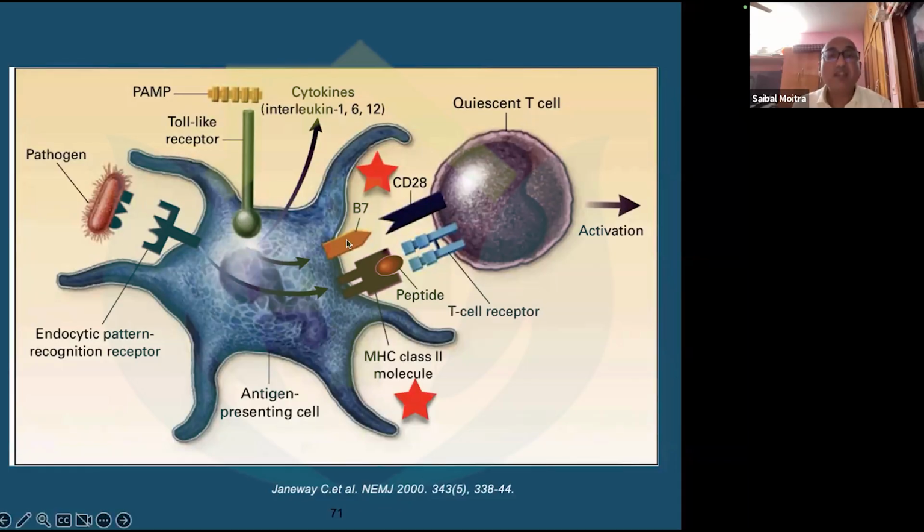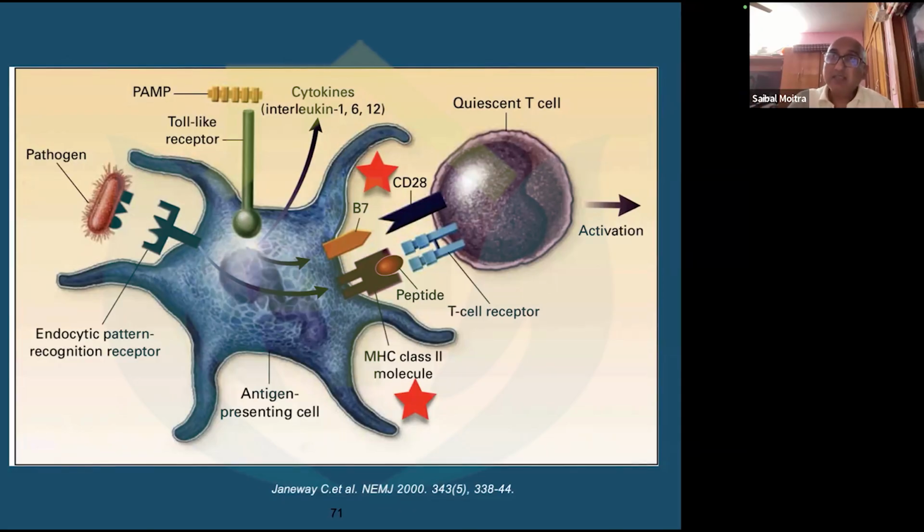Along with that, it does another thing: it gets activated and releases certain cytokines, like interleukin 1, 6, 12, 4, any kind of cytokines. Now, what type of cytokines this antigen presenting cell releases decides the differentiation of the naive T cell into that particular phenotype of T helper cells.